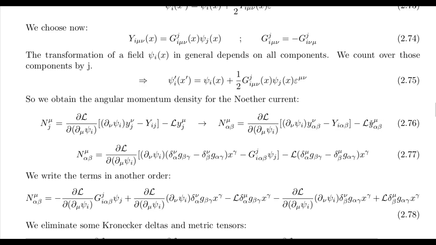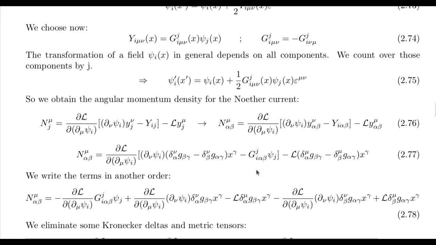And if we now substitute the y matrices, then we get this expression 277 here. This is the small y, and here we have the capital Y exchanged by G.